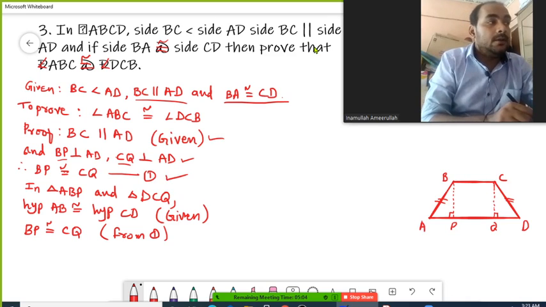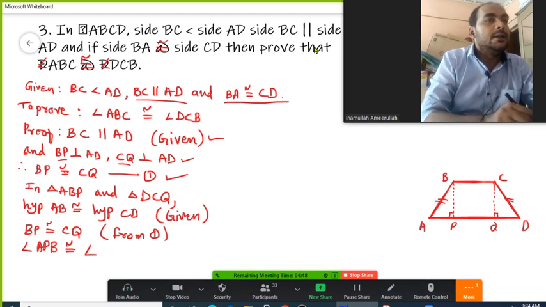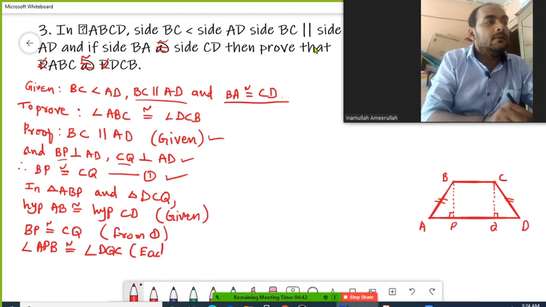And the third proof which we can use: angle APB is congruent with angle DQC, each is a right angle.